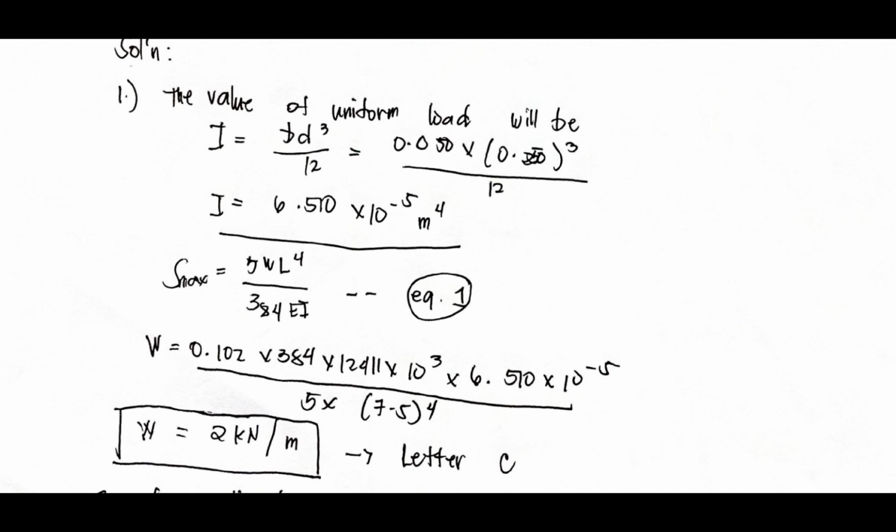Substituting the values, W is equal to 0.102 times 384 times 12,411 times 10 to the power of 3 times 6.510 times 10 to the negative 5, over 5 times the length 7.5 to the 4. So our uniform load is 2 kN/m, or letter C.